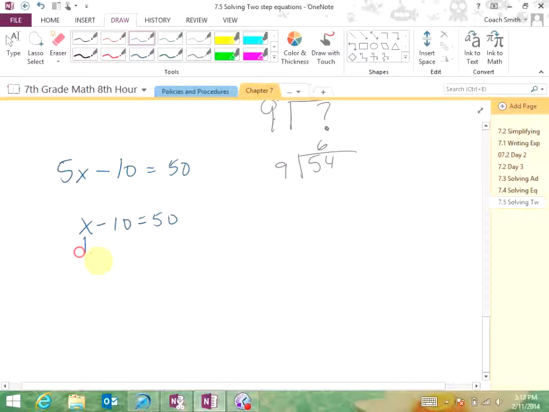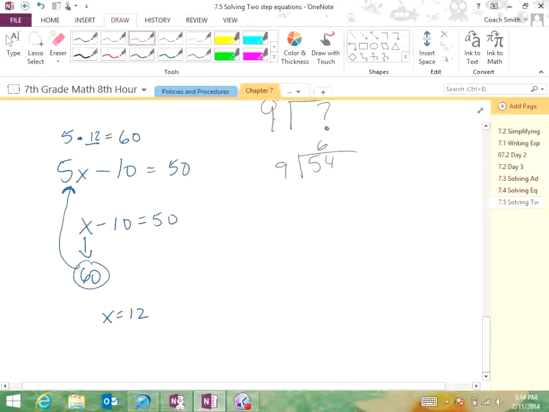So this would have to be 60. So what we're saying is this 60 has to be in those two numbers. So 5 times what would equal 60? 12. So that's what X is equal to, 12.